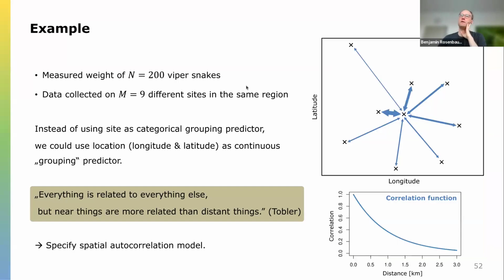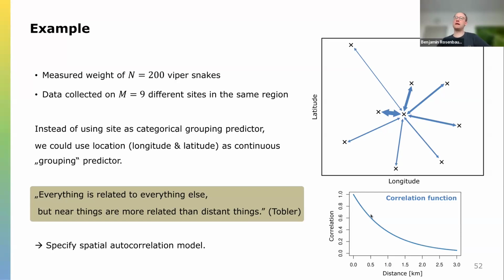So think of here are your 9 different sites. They are arranged in longitude and latitude. And the closer the things are, the stronger is their correlation, right? So both of these sites will have a strong correlation because they're very close. These sites will have a very weak correlation because they are quite far.